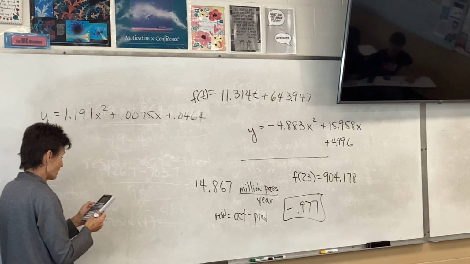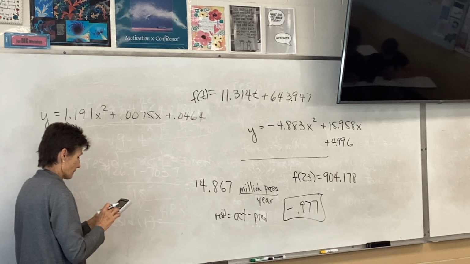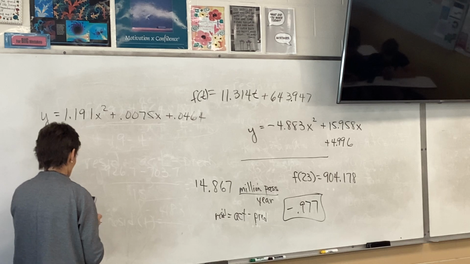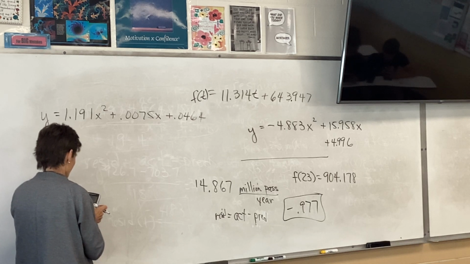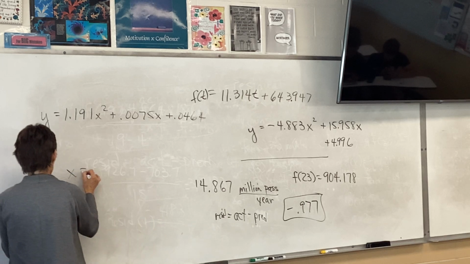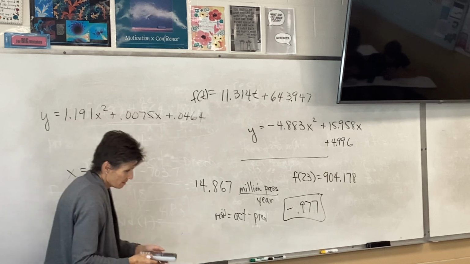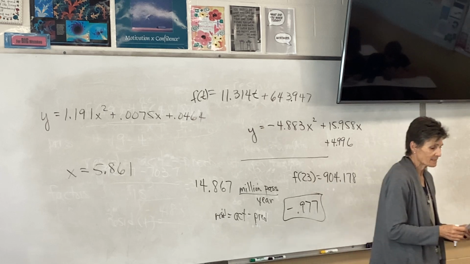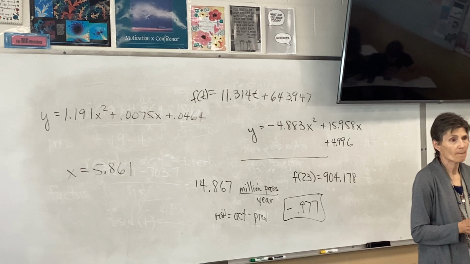When I found my point of intersection, which I'm gonna have to do again, I got x to be 5.861. So in other words, after 5.861 seconds, the ball will roll 41 inches. Anybody match that one? Yep.